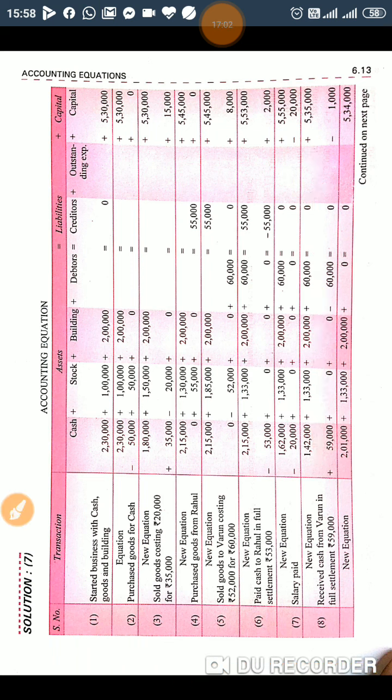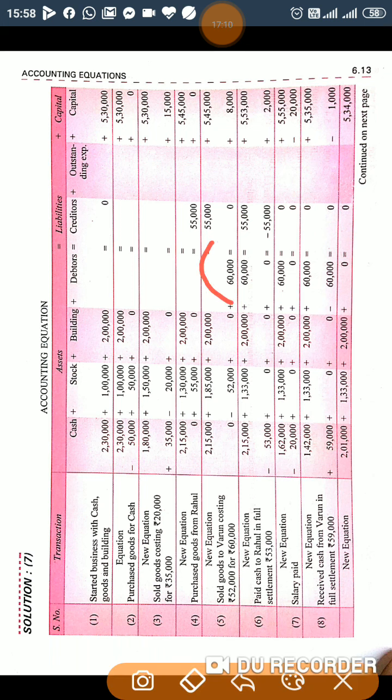Now next transaction is received from Varun in full settlement 59,000. From Varun we are supposed to receive 60,000, but in full settlement Varun is making payment of 59,000. It means 1,000 we have allowed as discount. So Varun's account is settled, 60,000 minus 60,000.